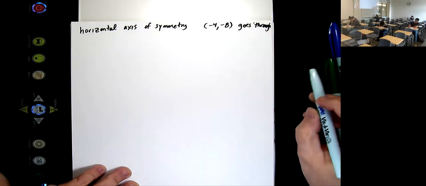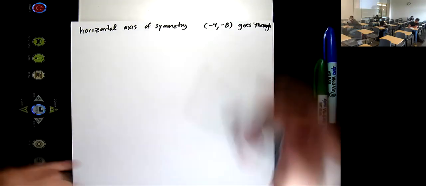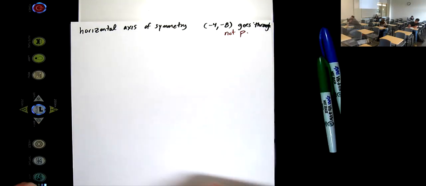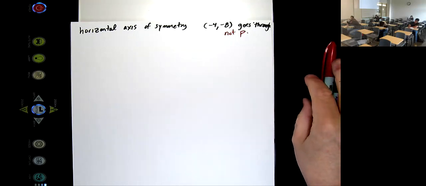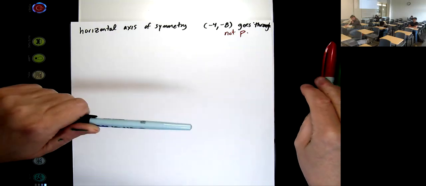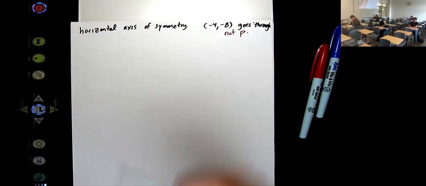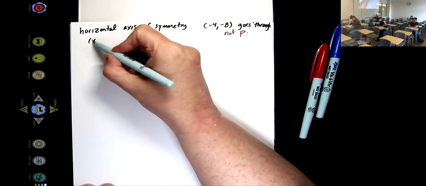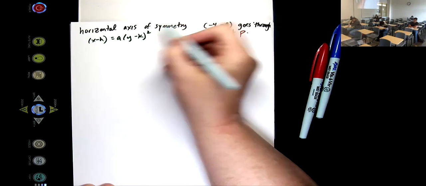So I don't know what P is here. This is not P. If I'm doing this, the horizontal axis of symmetry, if I do my base equation, I know it's x minus h equals a times y minus k squared.